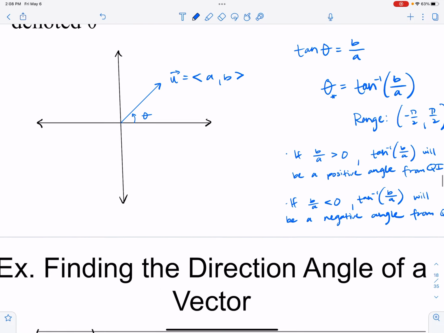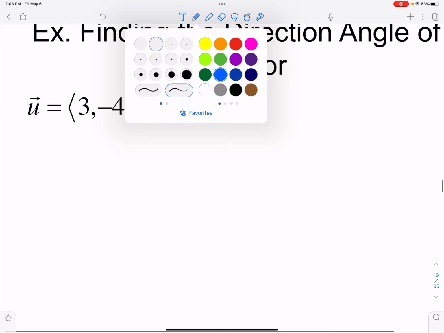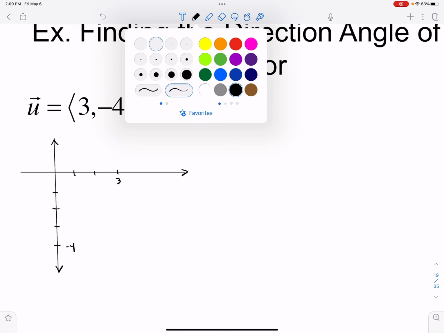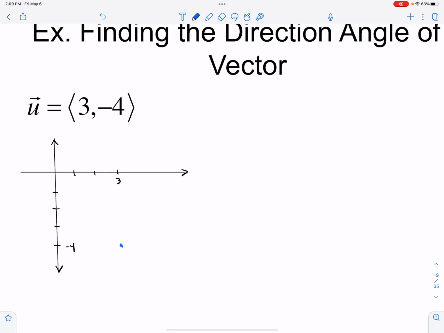So let's look at an actual example here. This is a vector that does not lie in quadrant 1. It's a vector that actually lies in quadrant 4. So ⟨3, -4⟩. This is vector u.